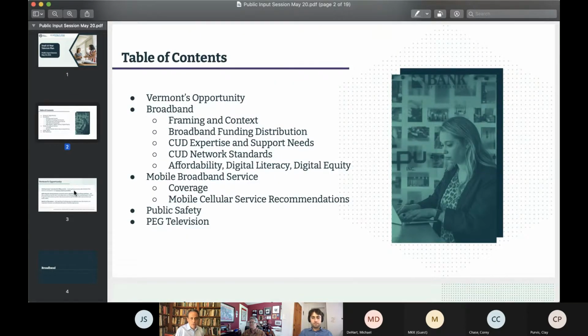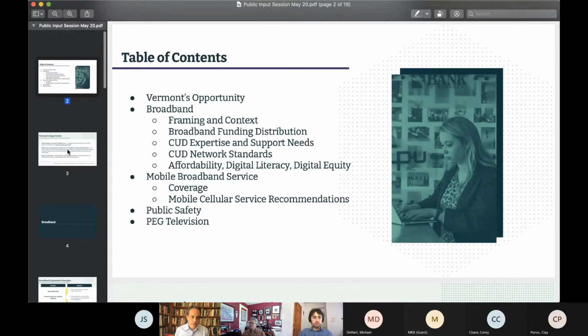So just so everyone knows, this is the draft of the 10-year telecommunication plan that we at Rural Innovation Strategies, Inc., in collaboration with CTC Technologies, put together on behalf of the Public Service Commission to provide a trajectory for our state in developing the next decade of telecommunication infrastructure.